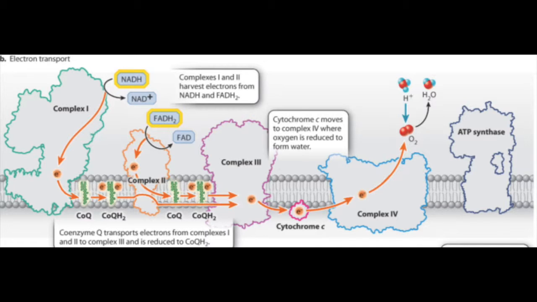Also, from complex 3 to complex 4, the enzyme cytochrome C helps to pump the electrons, using O2 and H+ in order to produce H2O.